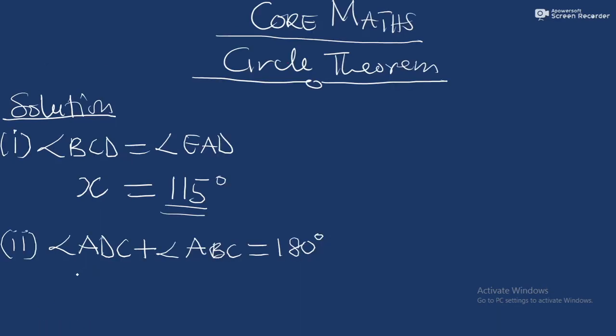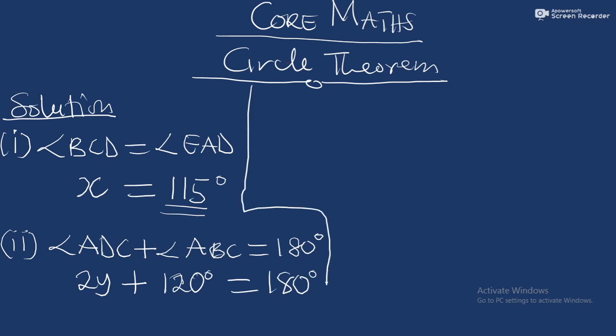So our angle ADC is 2y plus angle ABC is 120 degrees. So this is equal to 180 degrees. So solving for 2y, we'll have 2y equals 180 degrees minus 120 degrees.